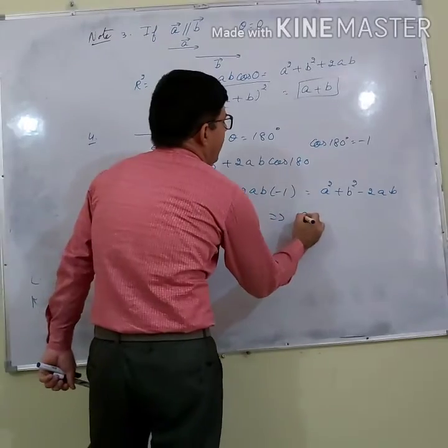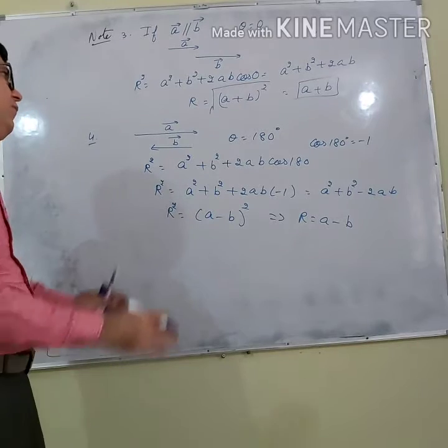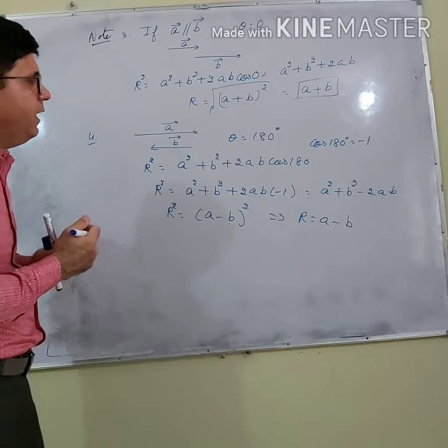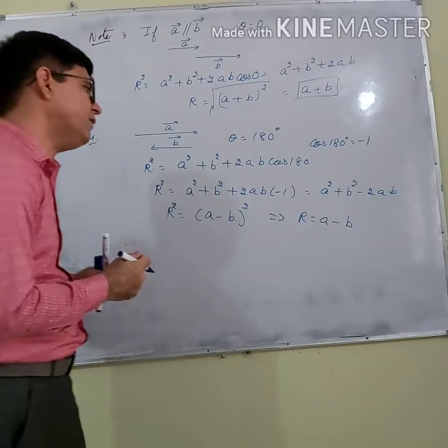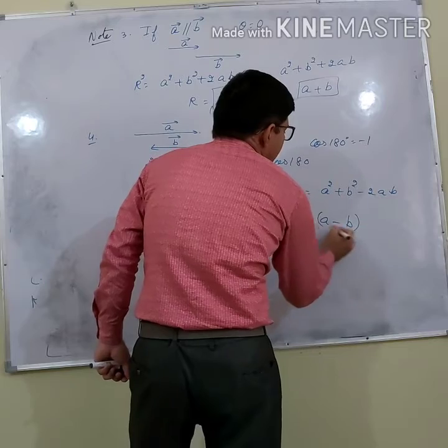So what does it mean? R equals A minus B. So when their directions are opposite, then R equals A minus B. If you want to add a plus minus sign, you can.